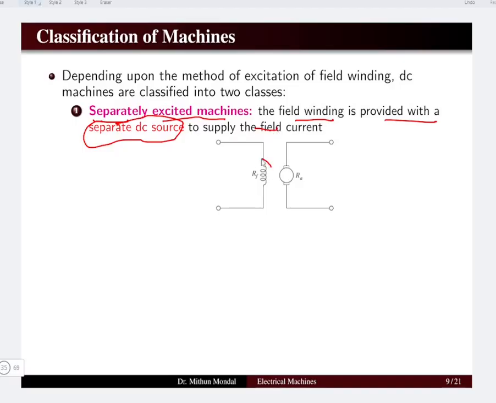So we can see that this is the field winding, and this field winding will be given a separate DC source which will produce the flux. And this flux will be cutting the armature conductors of the machine, and hence an EMF will be produced in the machine.